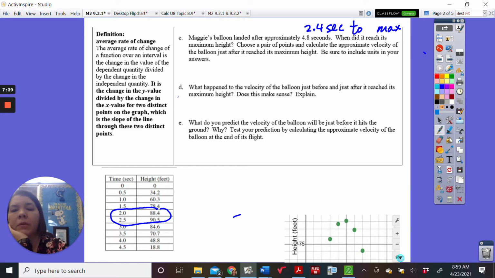Okay, so I'm going to use those two. So I'll have 90.5 minus 88.4 all over 2.5 minus 2.